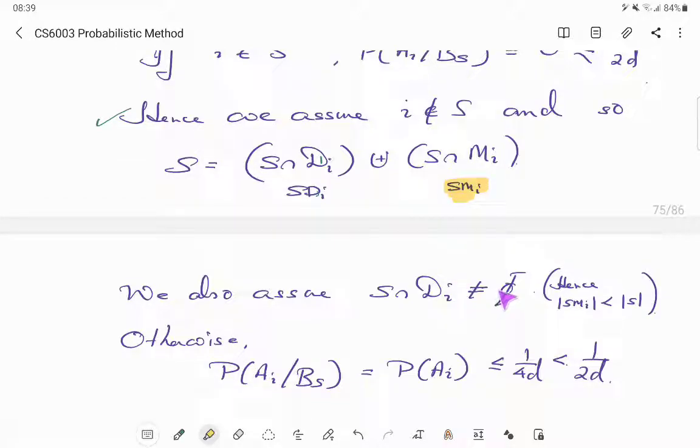Then P of AI given BS, where BS is now an intersection of a subset of events indexed by Mi, is simple. By definition, AI is mutually independent of them, which means the conditional probability is the same as the unconditional probability. So this BS is an intersection of events, all of which are mutually independent from AI. So this conditional probability is just P of AI, which again we know is half of the bound that we are trying to prove.